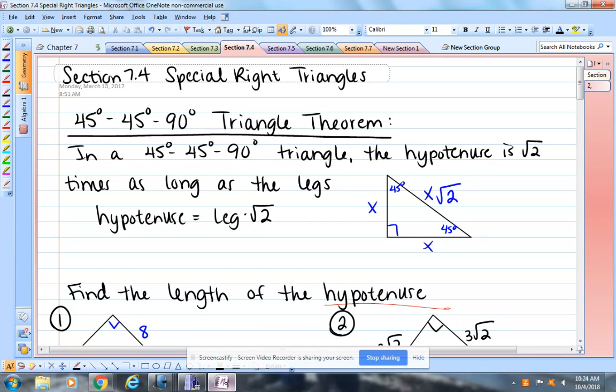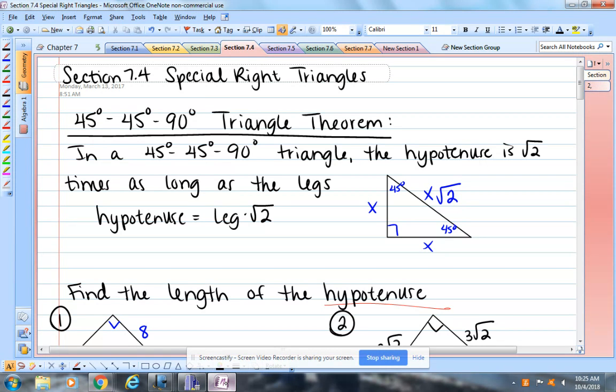So that means the two legs are the same length and the hypotenuse is different. Okay? Specifically, the hypotenuse will be the length of the legs times the square root of 2. So if we know one of the leg lengths, we also know the other leg length because a 45, 45, 90 is isosceles.